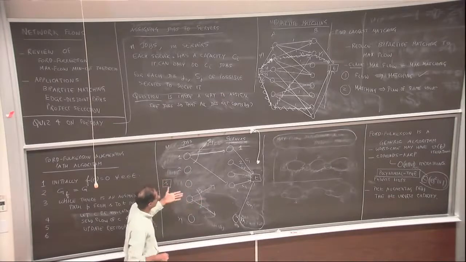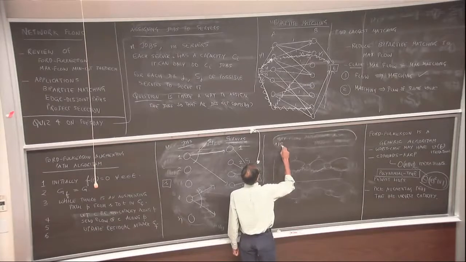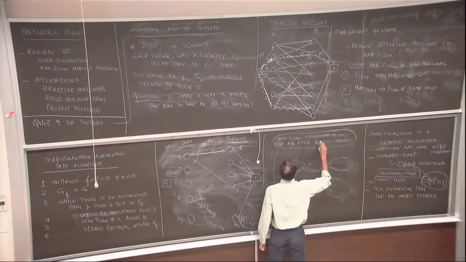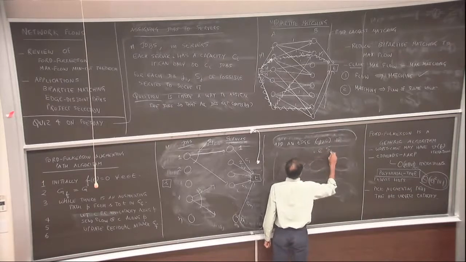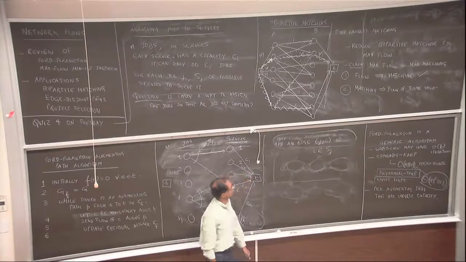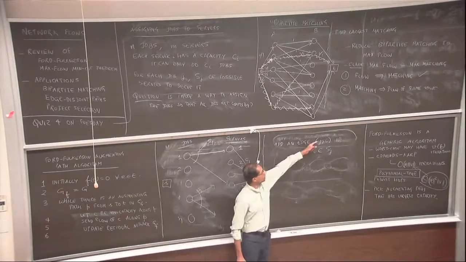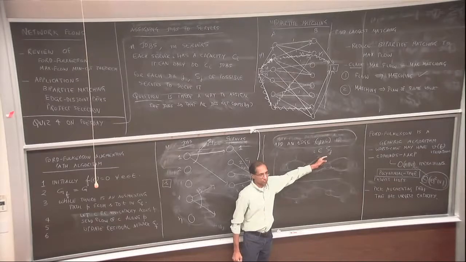So how will you write it formally? You will say: add an edge from job j to server i if i belongs to Sj, that is, if i is in the set of servers that j can do.